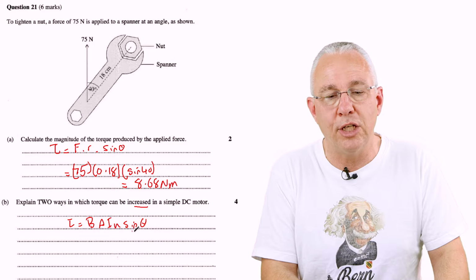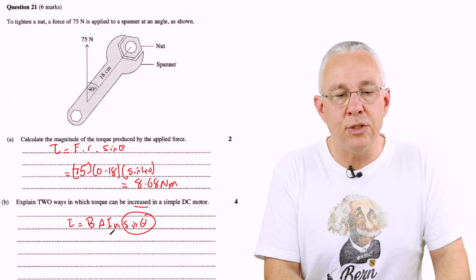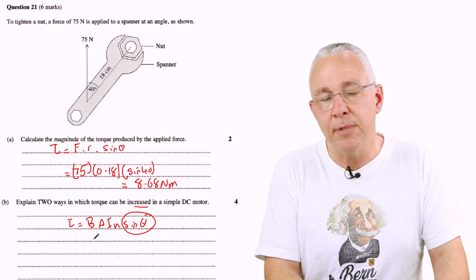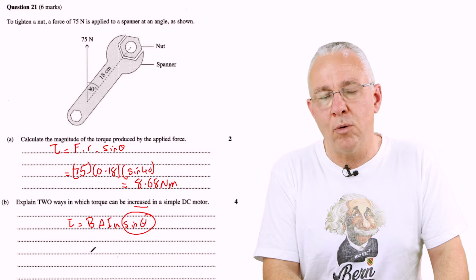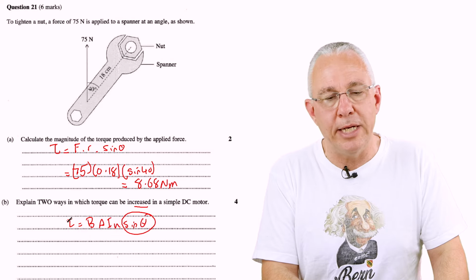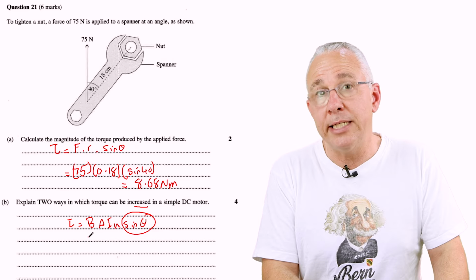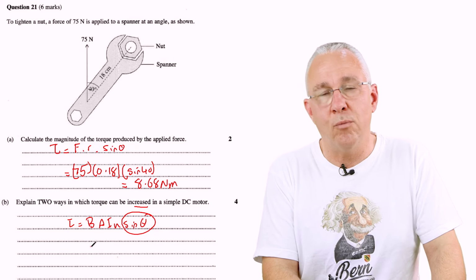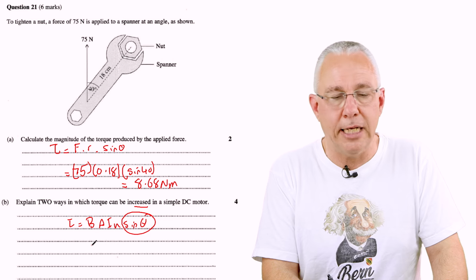So we are not going to be looking at the sine theta component, which means you can talk about a number of things here. You can talk about the magnetic field strength. Now, if you have this formula, automatically you're explaining the reason, your justification. Increasing the magnetic field strength increases the torque on one side of the wire, and of course that's dependent on the magnetic field.